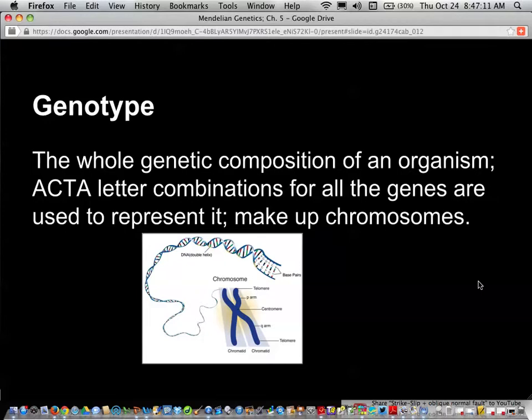So genotype refers to the chromosomes and the genes that are found on those chromosomes. It refers to the base pairs, the A's, the T's, the C's, and the G's. Okay? All right.